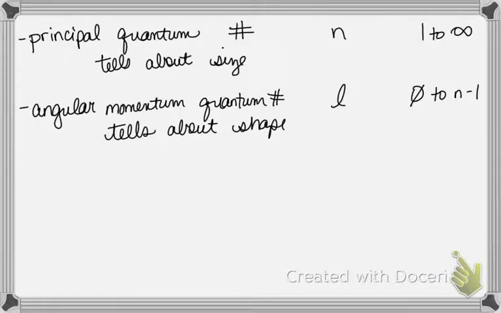Okay? So for example, I'm going to go to a new slide and talk about the difference in these two, N and L. If N is 1, we just said L can be 0 up to N minus 1. So if N is 1, L can only be 0. If N is 2, L can be 0 or 1.